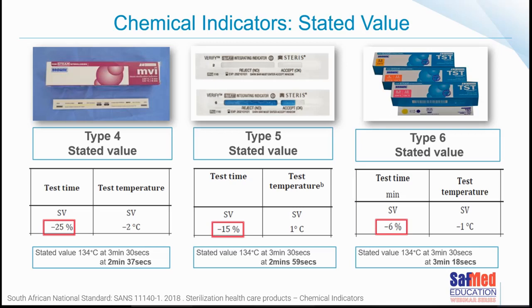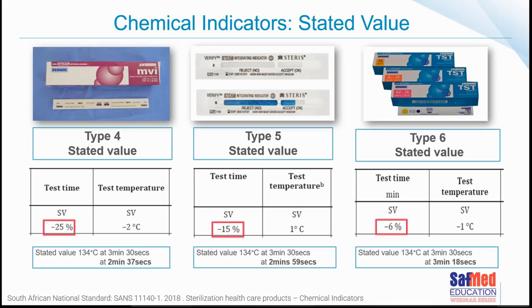The ISO standard says that if the manufacturer is making a chemical indicator like this, now we're referring to a type 4, the manufacturer has to make sure that that chemical indicator doesn't change color or doesn't give you a positive result or a pass result too soon. It has to do the job that it's expected to do. But the type 4 is allowed a minus 25% variance, which means that that chemical indicator could actually start changing color around 2 minutes and 37 seconds into the sterilization time.